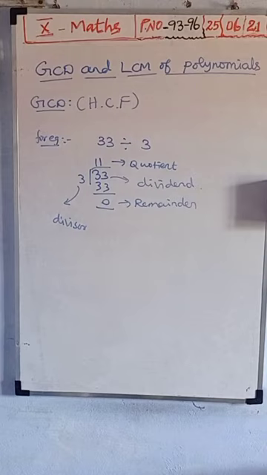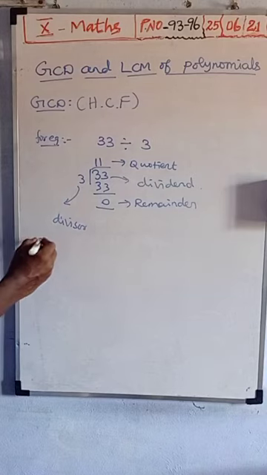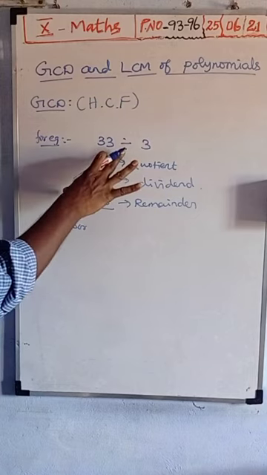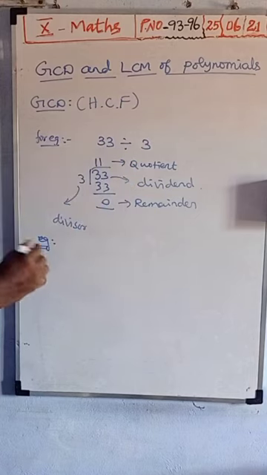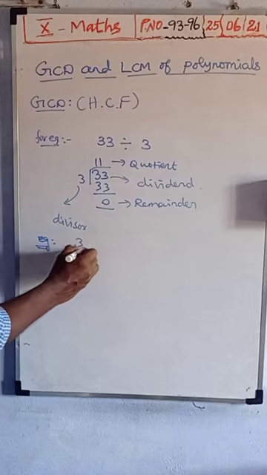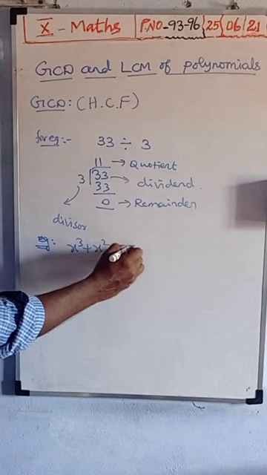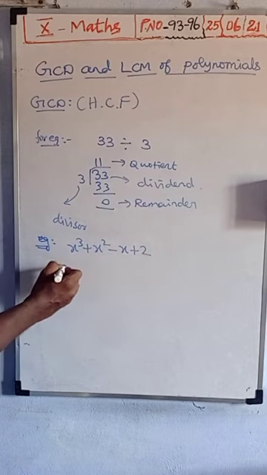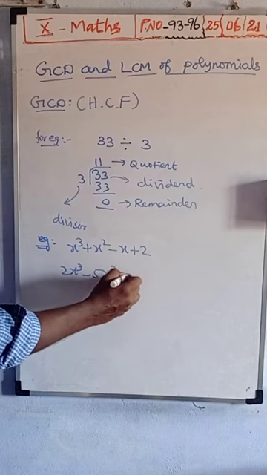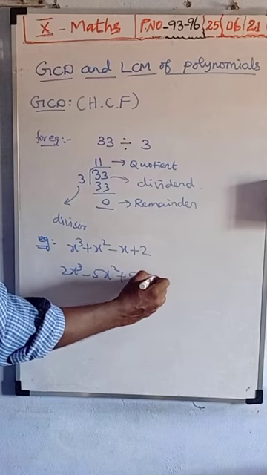But here, we are given two polynomials and must find their GCD. Suppose the polynomials are x cube plus x squared minus x plus 2, and one more polynomial, 2x cube minus 5x squared plus 5x minus 3.